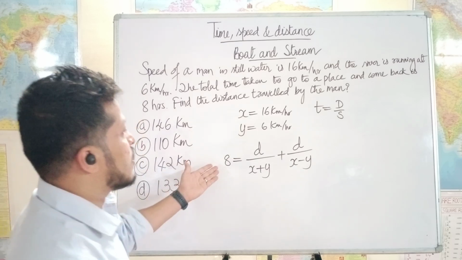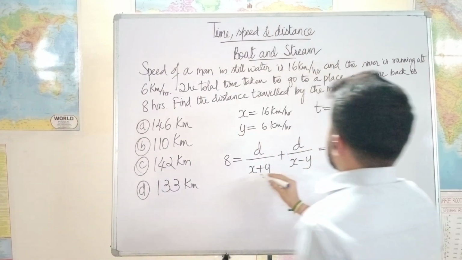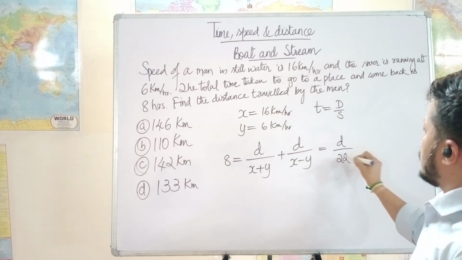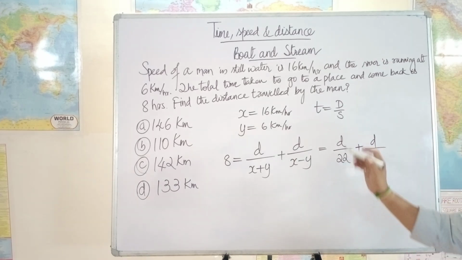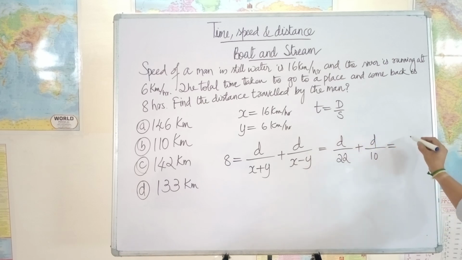This is equal to 8, which means d divided by x plus y, 16 plus 6 is 22, plus d divided by x minus y is 10, which means 10d plus 22d is 32d divided by 220.